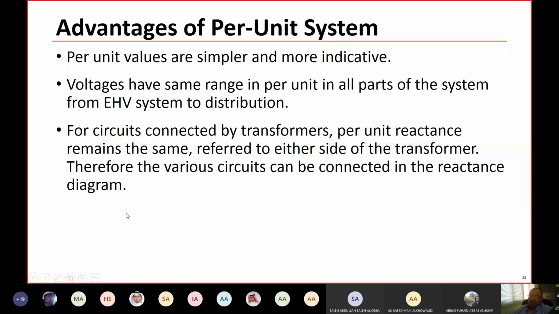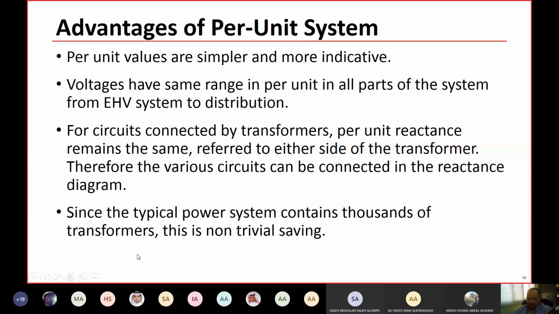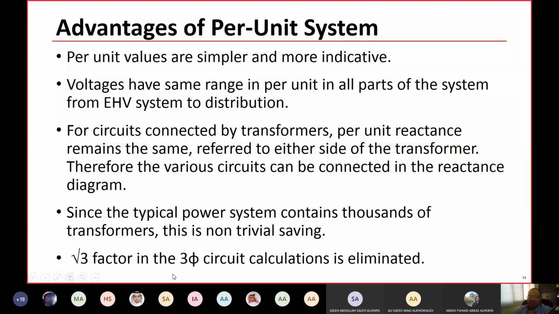We just replace the transformer by the per unit reactance, and you analyze your network straightforwardly. Since a typical power system contains thousands of transformers, this is a non-trivial saving, of course, otherwise very complicated.